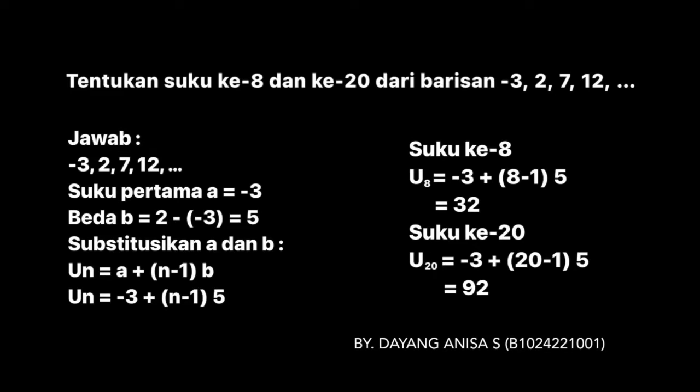And the same goes with the 20th term, which is U20 equals -3 plus 20 minus 1 multiplied by 5 equals 92.